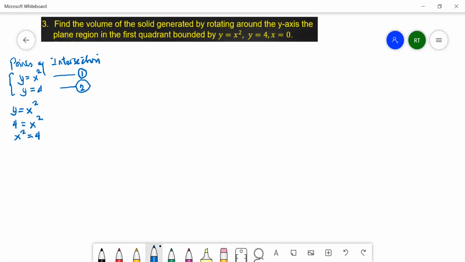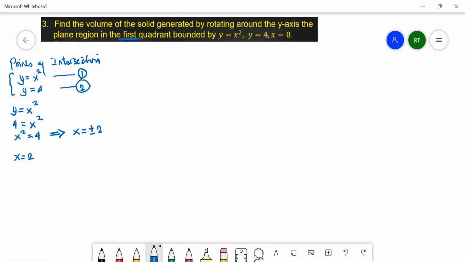If we take the square root of both sides of the equation, then x is equal to plus or minus 2. But since we are just interested in the plane region in the first quadrant, we will take x is equal to positive 2.